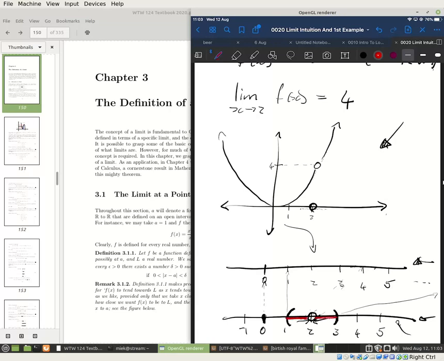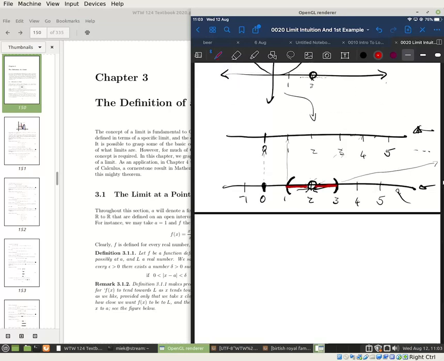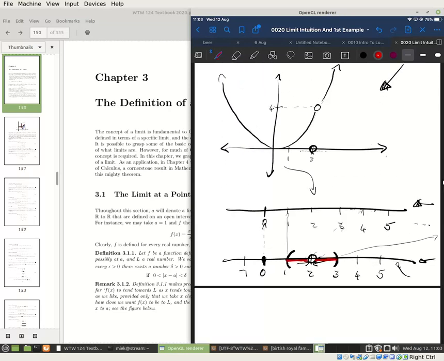So let's think about all these numbers in the open interval from 1 to 3 but excluding 2. So 1 of course goes to 1, 3 goes to 9 down there somewhere, 2 doesn't go anywhere because it's not in the domain, but numbers close to 2 go to 4 over here.